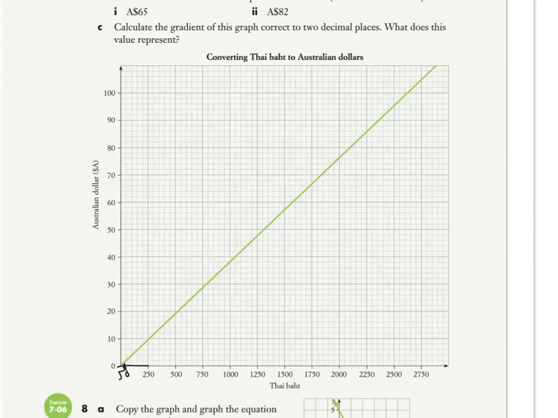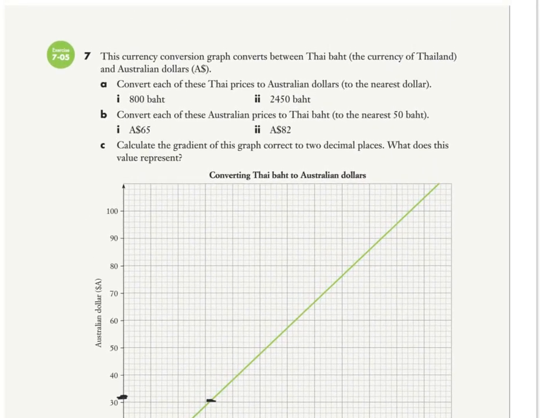Okay, so 800 is just there, which is just a little bit above the line, so let's say about $31, because now there's 10 there with 5, so each thing is $2, so that's 32 just there, so it's either 30 or 31. So we're going to say 31.